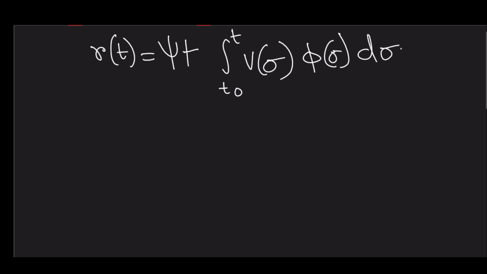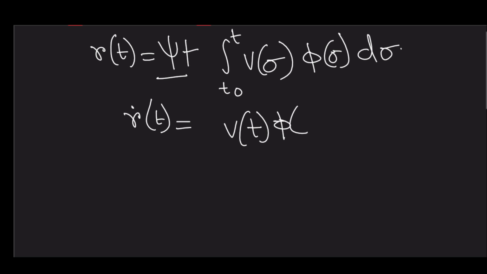Like phi t was less than or equal to, and here R t is equal to. So then we can write R dot t, as we have already mentioned, psi is constant. It is equal to v t into phi t, right?